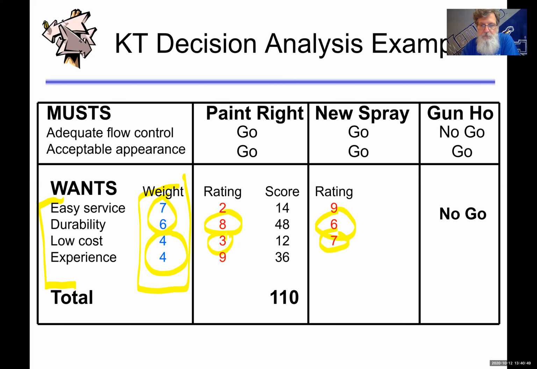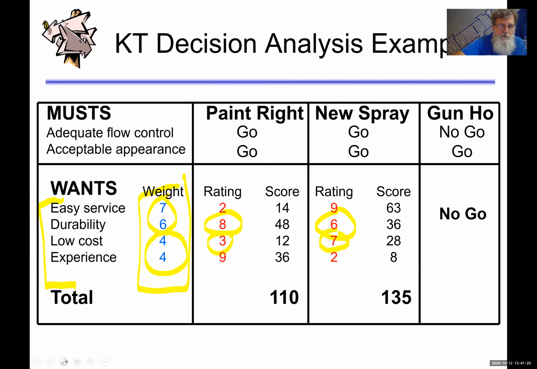In terms of experience, though, I have very few people. In this case, maybe 20% of my people have experience with this system, whereas maybe 90% have it with the other. So I rated that pretty low. But now again, weight times rating. My score for NewSpray is 63 for serviceability, 36 for durability, 28 for cost, and 8 for experience. I add that up, I get 135.